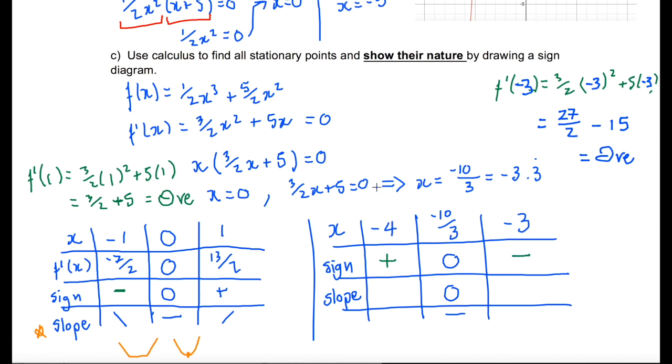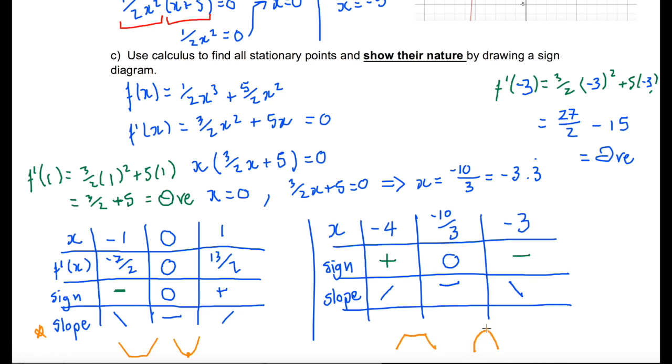Okay, now the slope. Well, the slope for a positive is like this. And I stuffed this one up before. And slope for negative is like that. So i.e., a graph looks something like this. The gradient changes in this fashion.